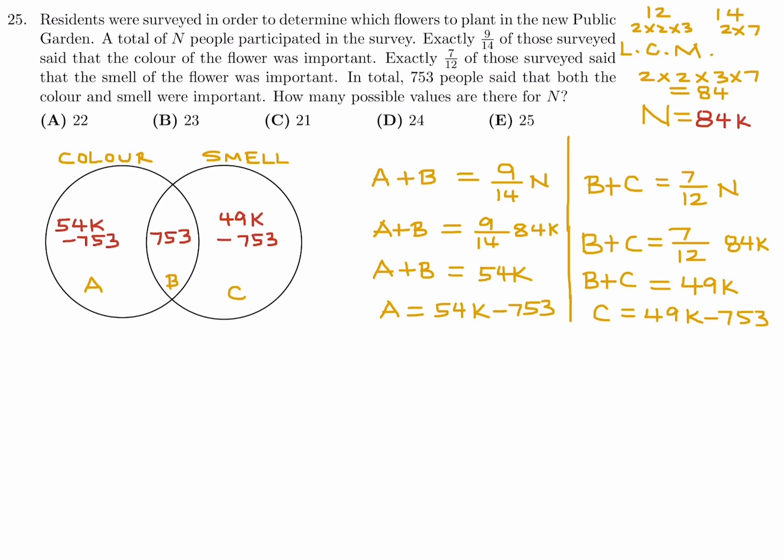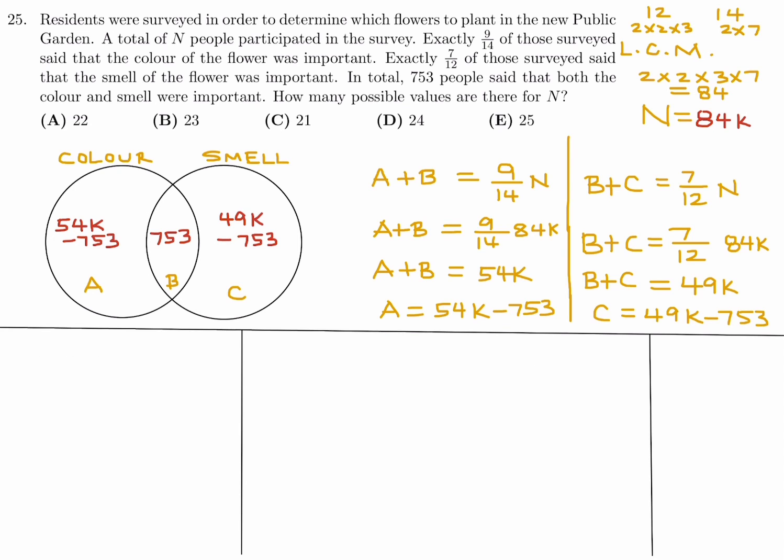Okay, great. Now we have to figure out how many possible values there are for n. So I've got to figure out an upper and lower boundary for my k. We will first do the lower, then the upper, and then combine them. So what is going to be the first limit?